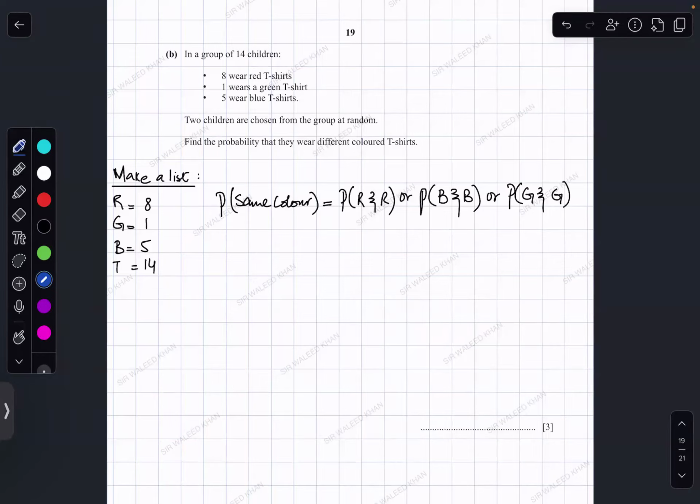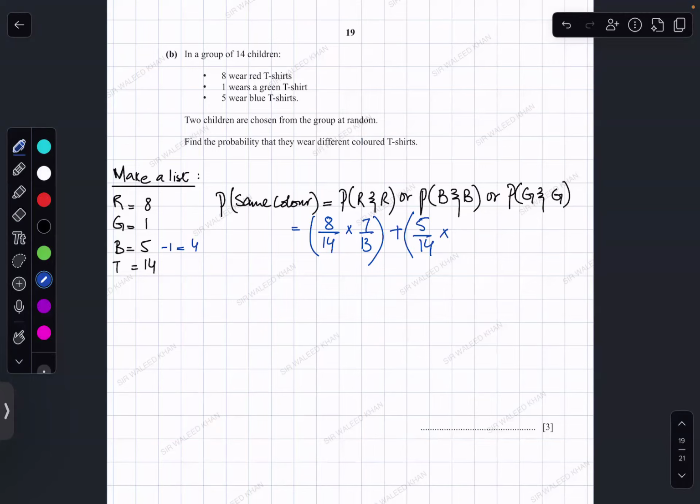Now let's see. The first one, probability of red and red, that will be 8 out of 14. Now, once this one is selected, that means for the other probability, we have 7 left and 13 left. So 7 by 13. Then probability of blue and blue. That will be 5 by 14. Now 1 is taken out for blue.